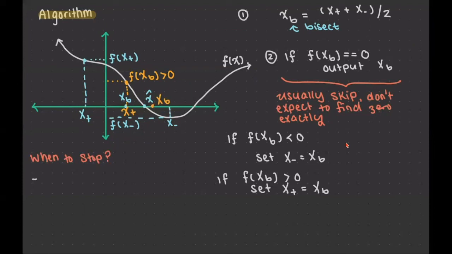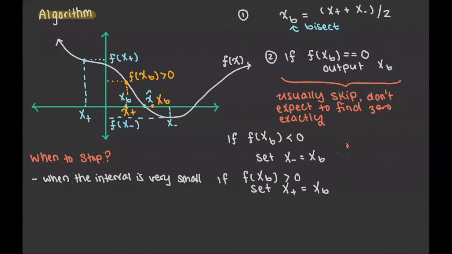You can choose to stop when the interval is very small. That's what we were talking about, where you repeat the process until the distance between x plus and x minus is very, very narrow.